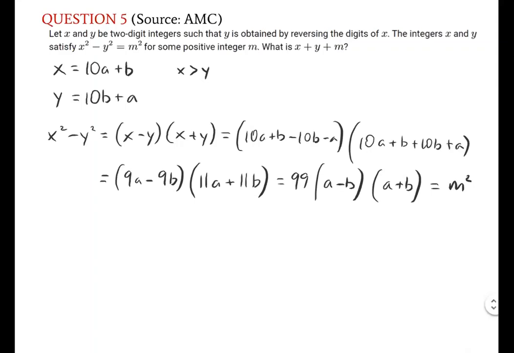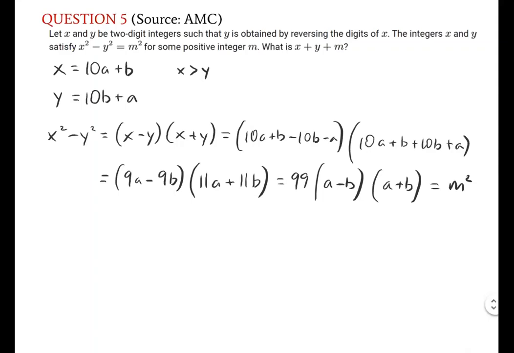So since there is an m squared, that means that this entire thing has to be a perfect square. To get a perfect square, we're gonna first break down the 99.